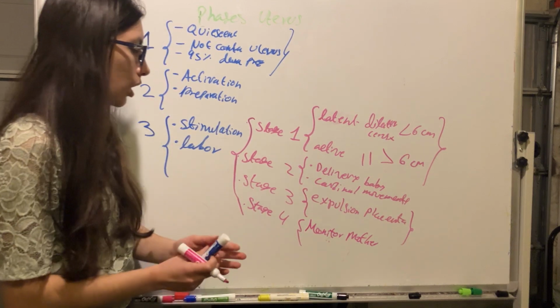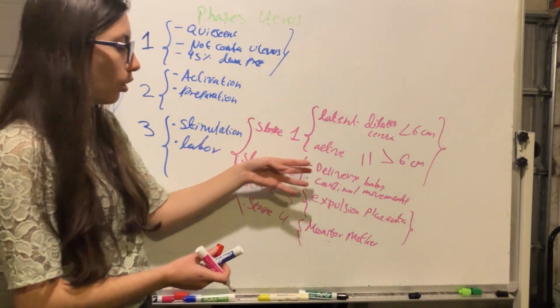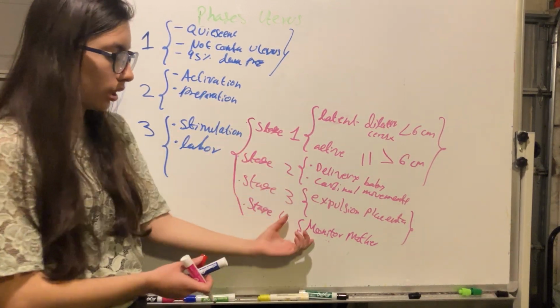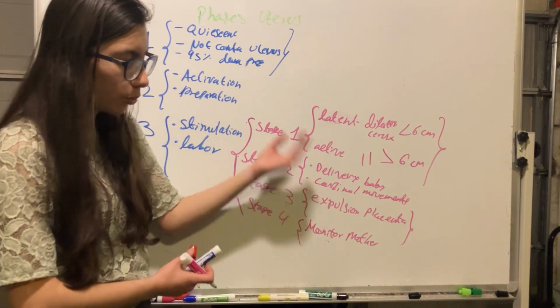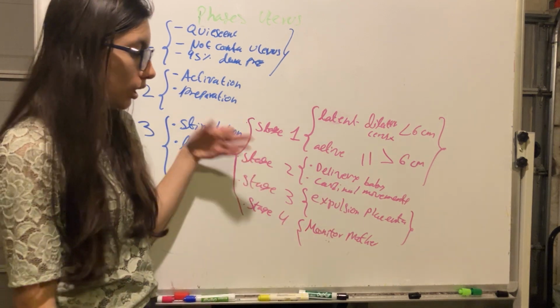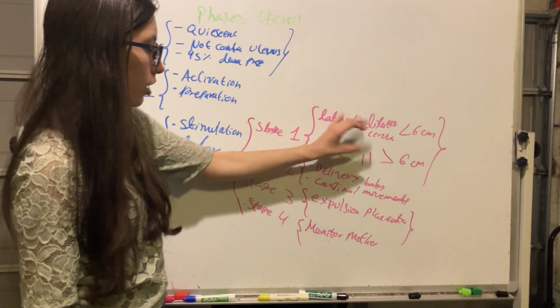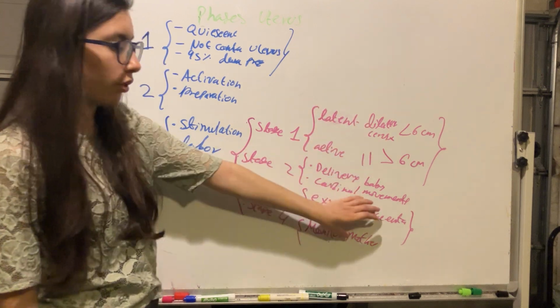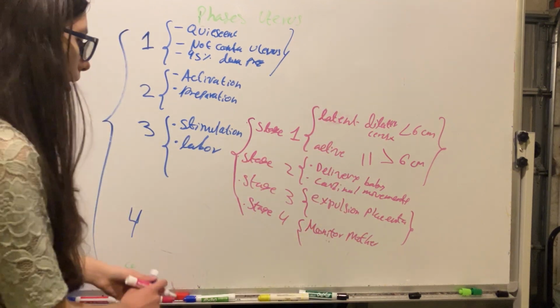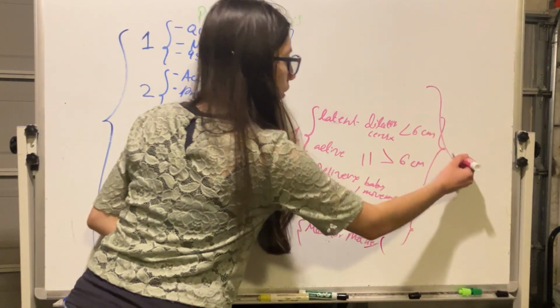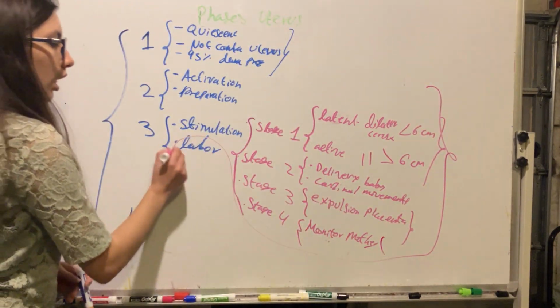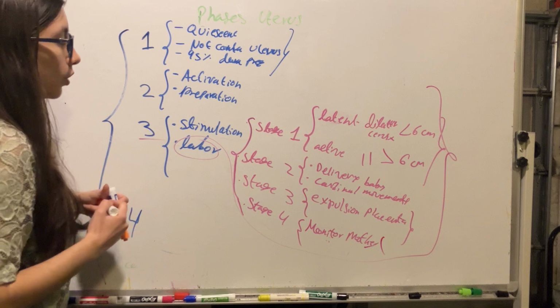So sometimes we say we have 4 stages of labor, considering the monitoring of the mother, but sometimes we just refer to the 3 stages of labor: dilatation, delivery of the baby, and expulsion of the placenta. And that only corresponds to labor, which is the 3rd phase of the uterus.